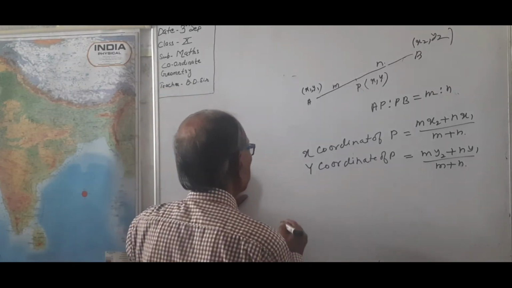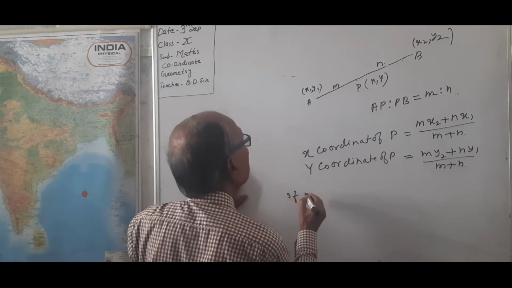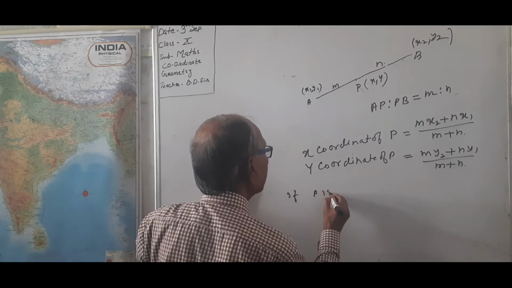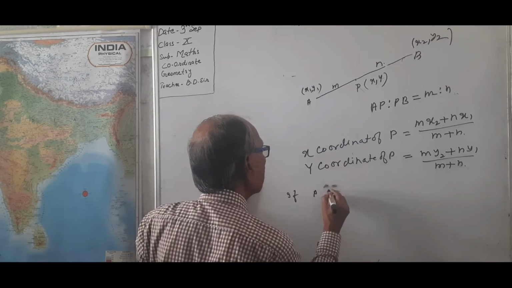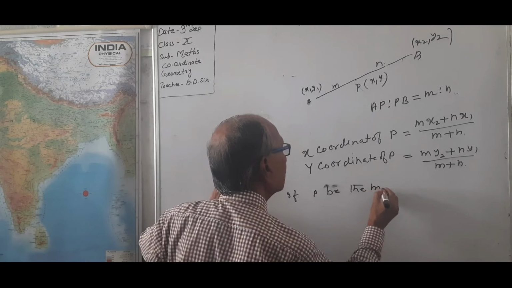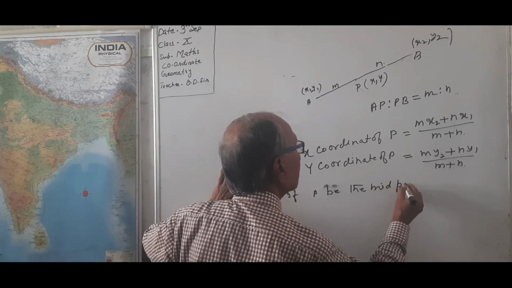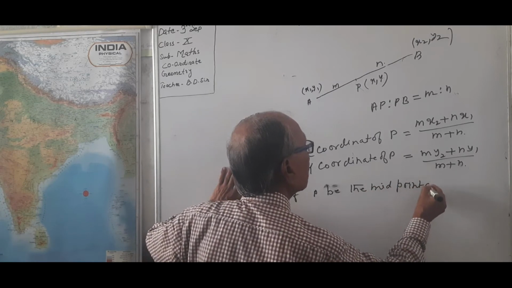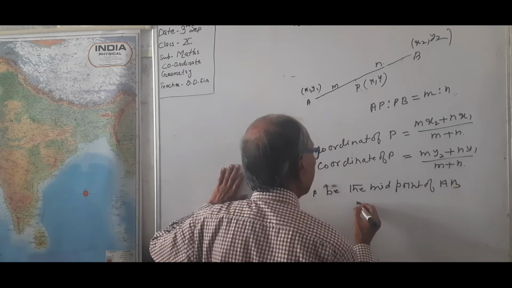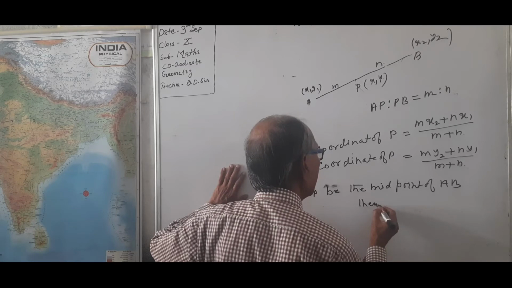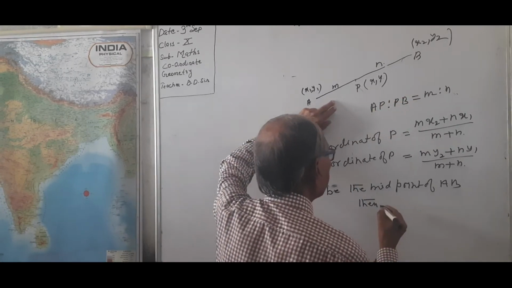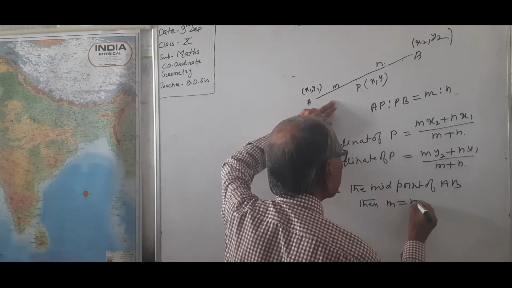But one thing more, if P is the midpoint of AB, then AP is to PB is equal to m by n, means m is equal to n.